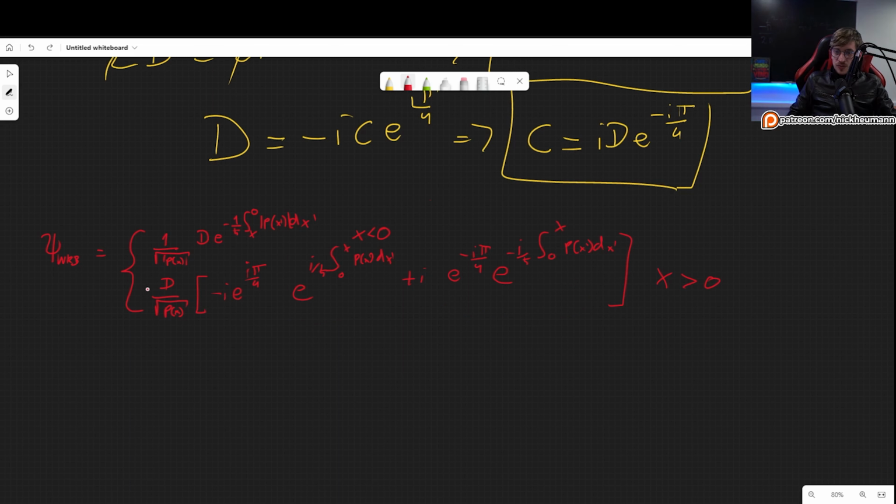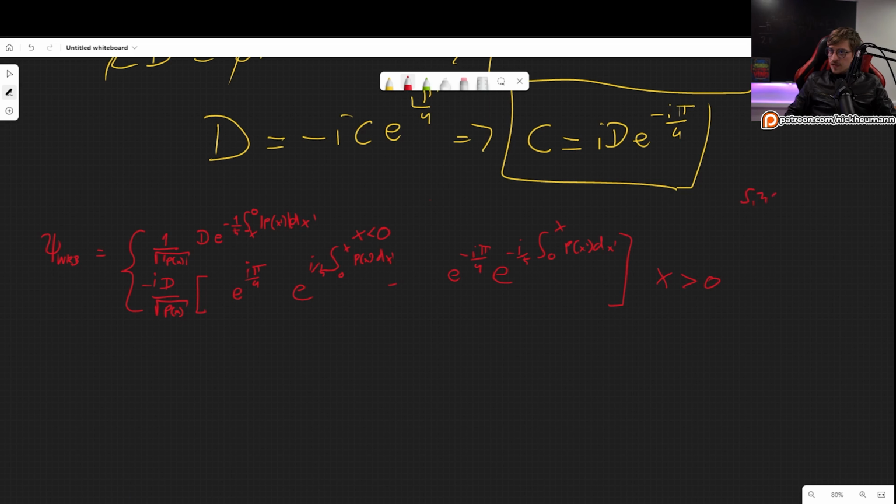So let's factor out a minus sign. And then this looks even more like a sine because we have e to the i something minus e to the minus i something. However, we have this i here, so let's factor it out, right? And this is twice the sine, 2 times i times the sine, right?